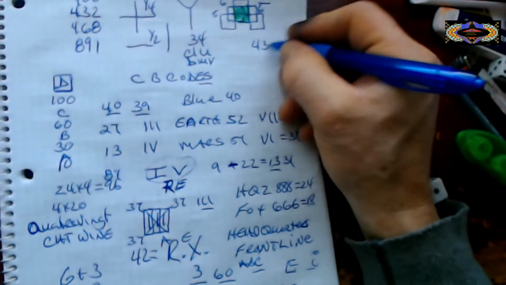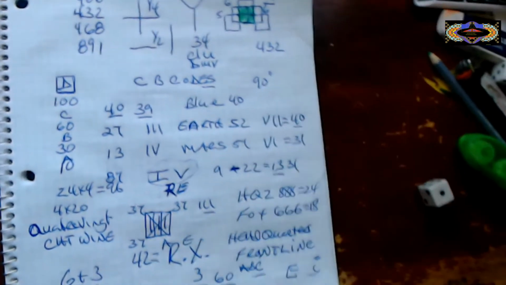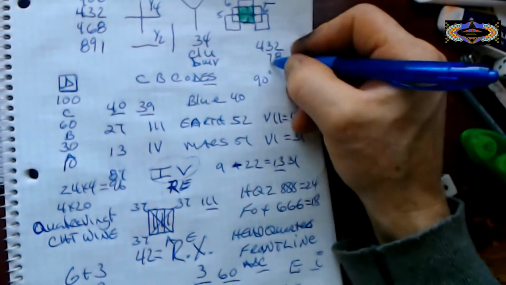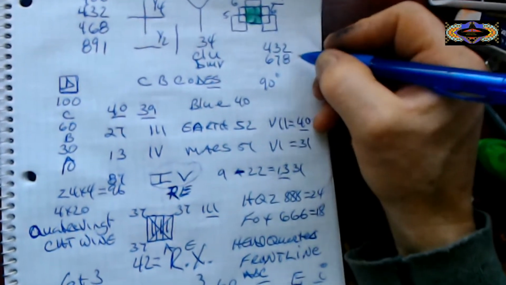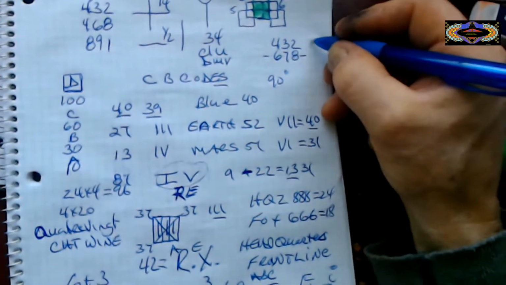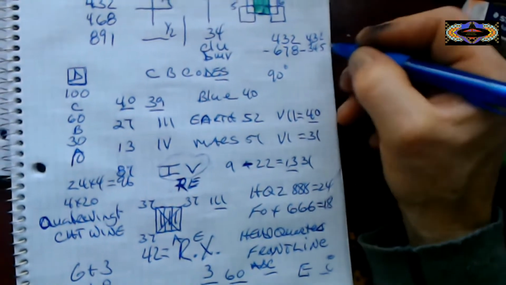See, the 432 vibration to what is a 90-degree angle will equal 8, 7, 6. This is one of them. The second one will equal 3, 4, 5.